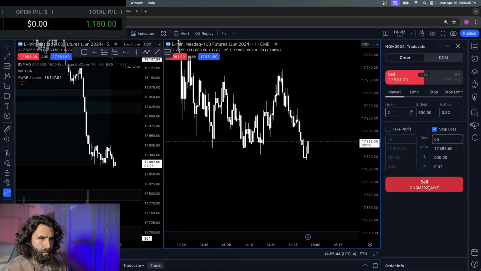Again, just following market structure and price action. Nothing magical. Don't need to really predict the market or guess what it's going to do. Just respond to it. I'm getting ready to try a sell here.